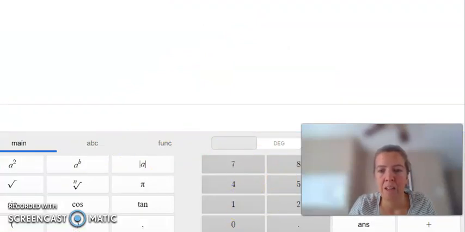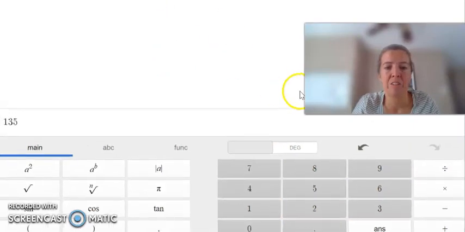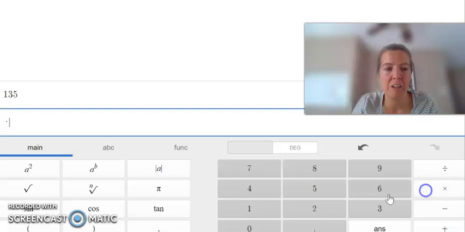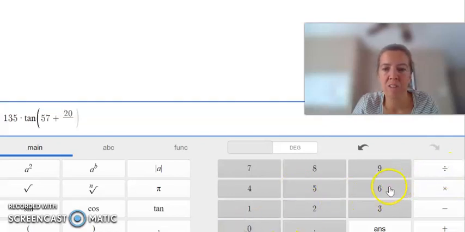Okay, and so we had 135 times tangent of 57 degrees and 20, whoops, 20 over 60.